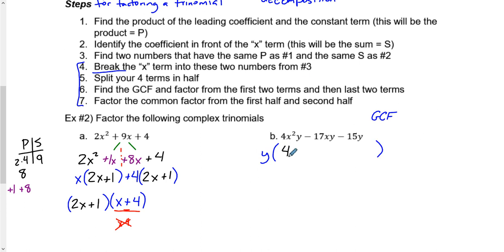So that we can be left with a 4x squared, a negative 17x, and a negative 15. Then we can do our P and S. Product 4 by negative 15. Sum of negative 17.